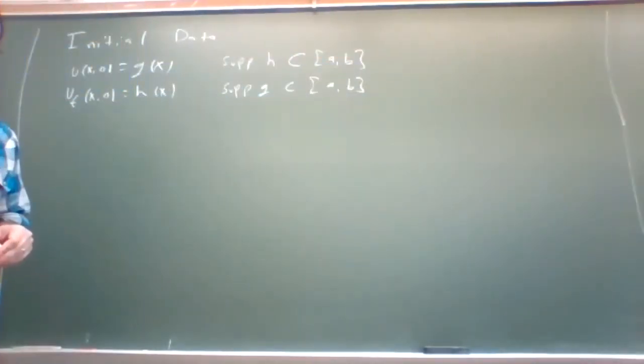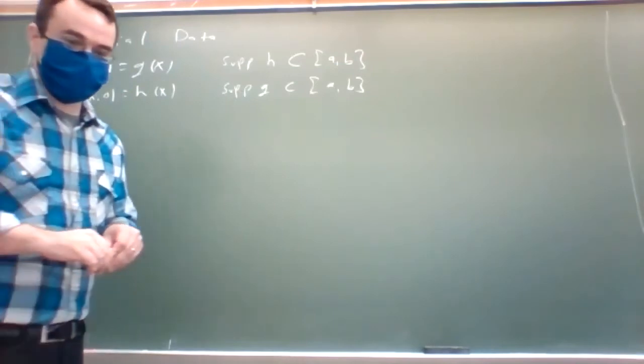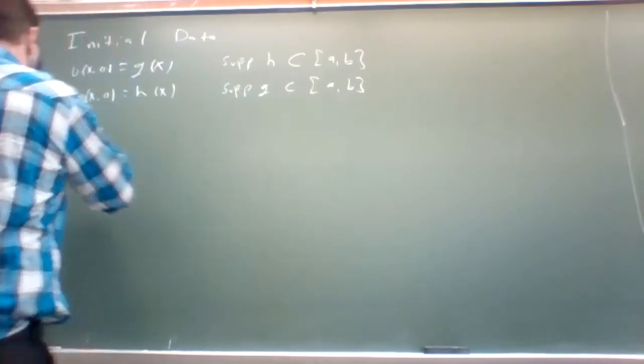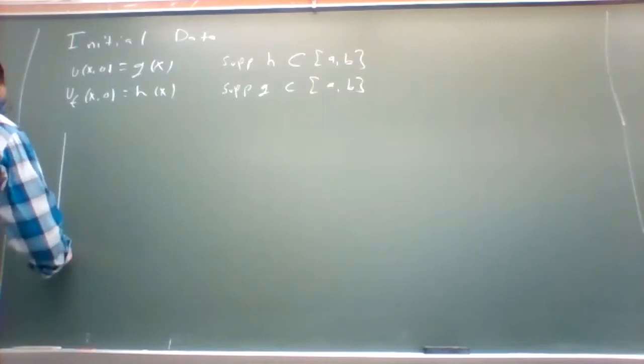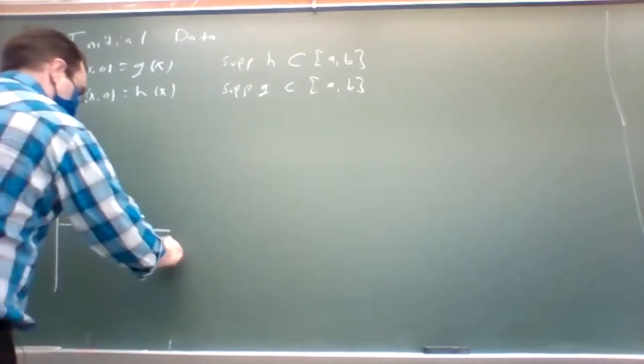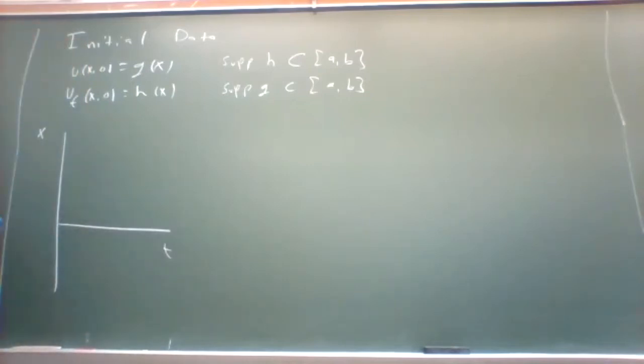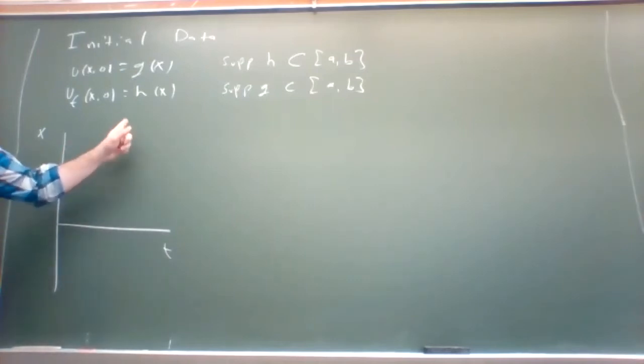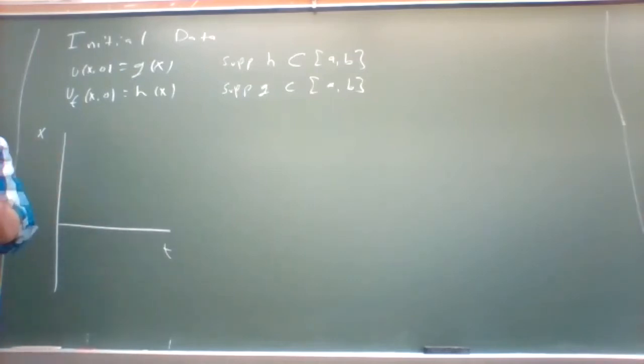Okay, and so last time I drew this picture for you in the xt plane. And remember, support is the closure of the set of values where the function is non-zero. More to the point, if you're outside the support, then the function must be zero.